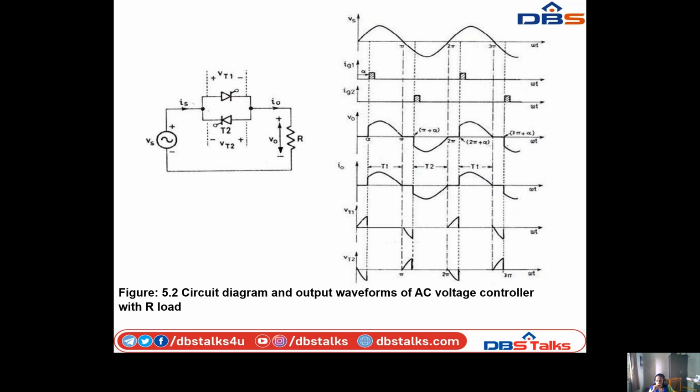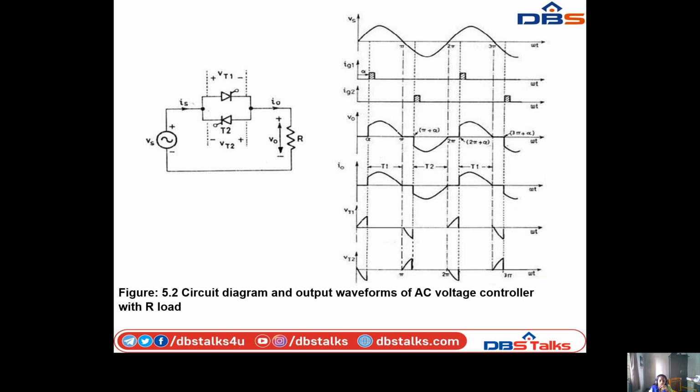The voltage that appears across thyristor 1 is VT1 and across thyristor 2 is VT2. Okay, you have to see the waveform. The input source voltage Vs will be sinusoidal, with triggering pulses Ig1 and Ig2.